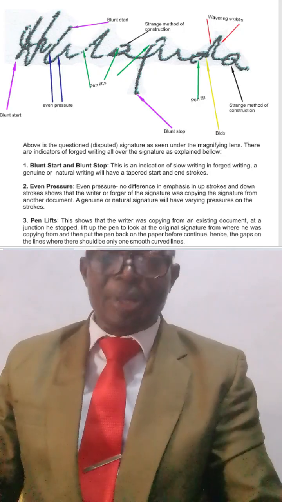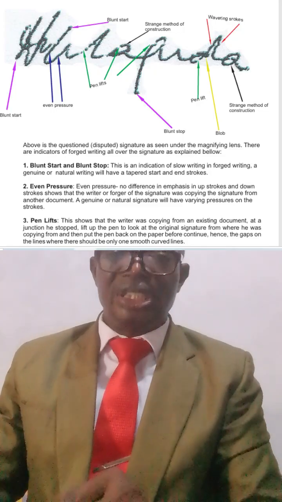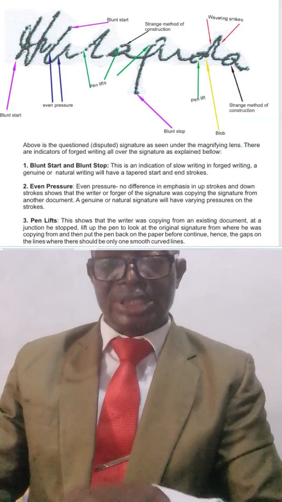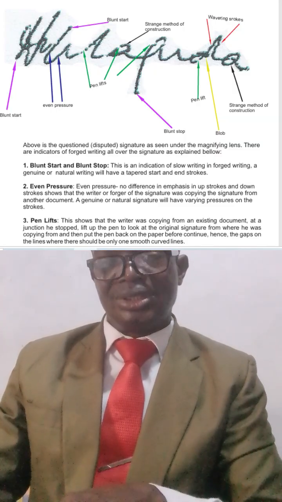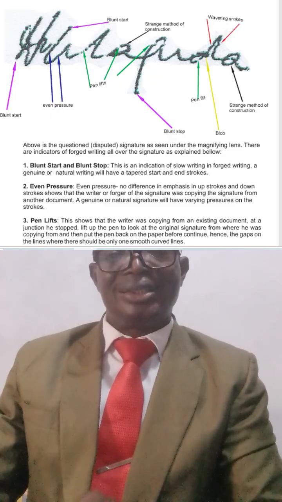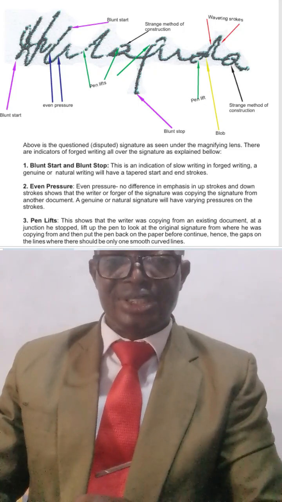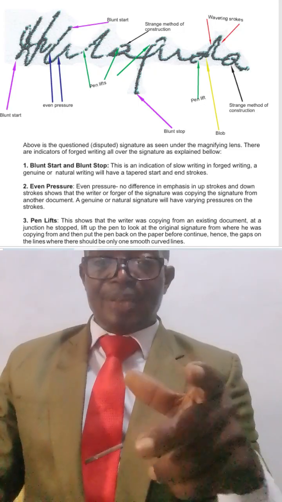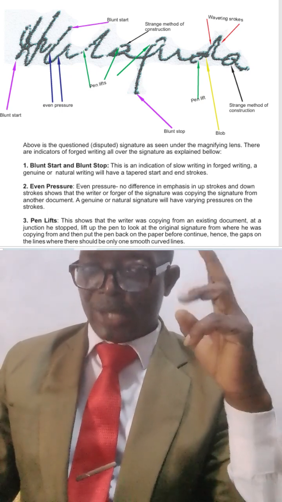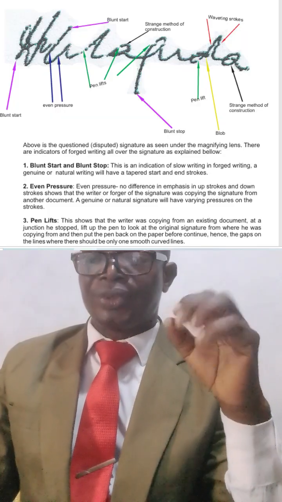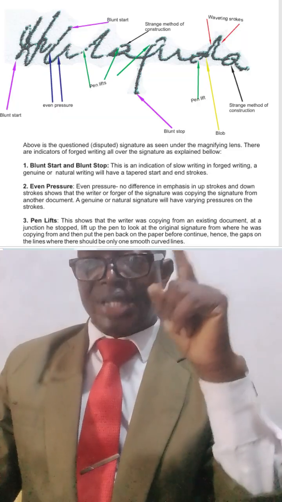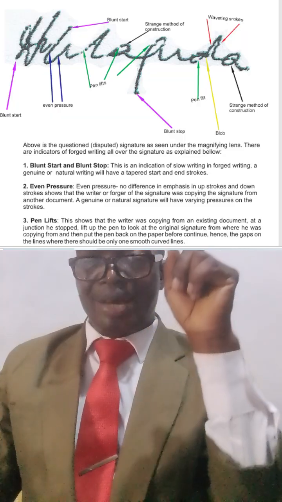For example, where you have a pen lift, you have to indicate it. You use an arrow to indicate it, and tell the court, the reader, the reason why that gap that you call a pen lift is there. For example, look at my screen. Look at this example up here. Look at where we have tremor, where we have a pen lift and patching.